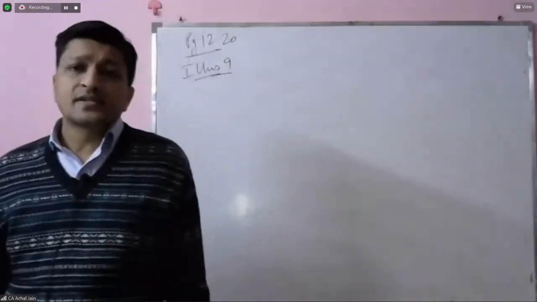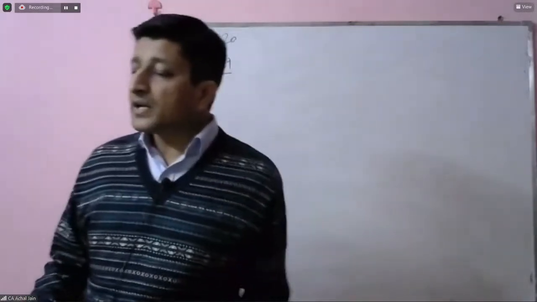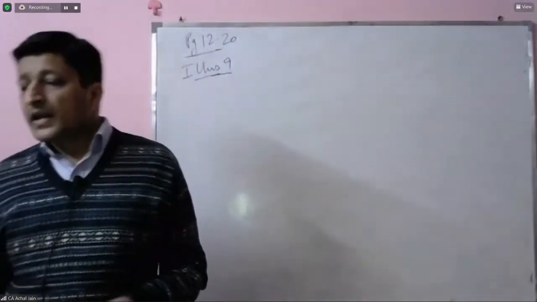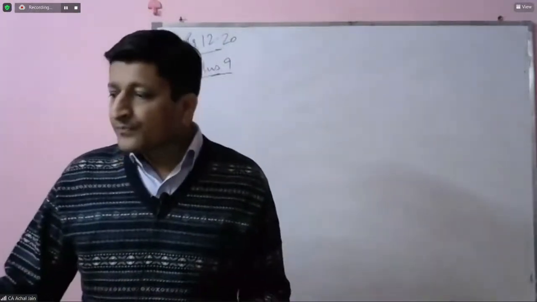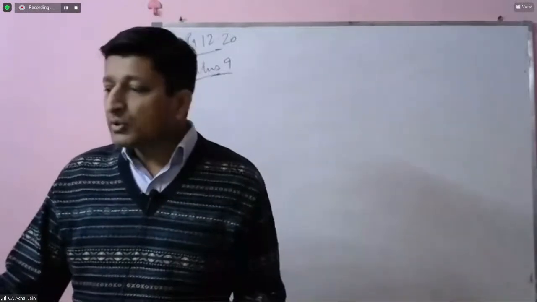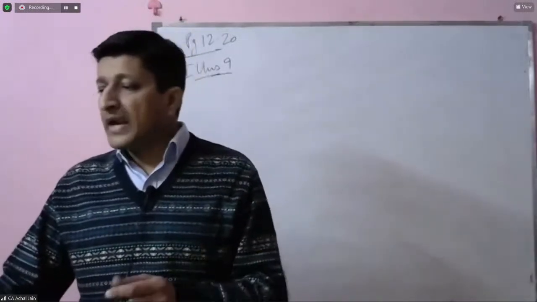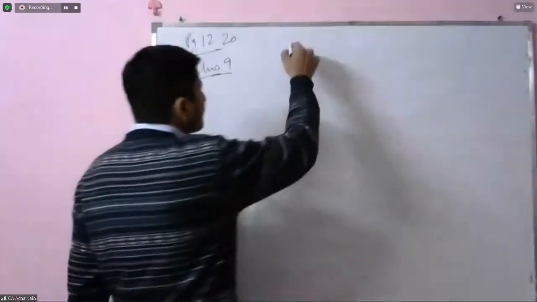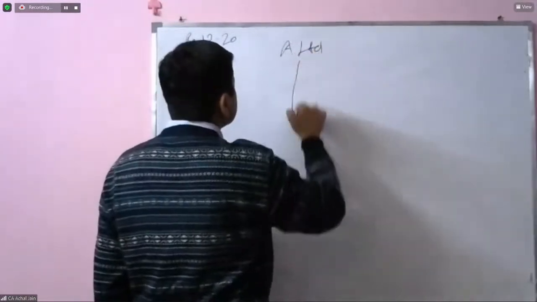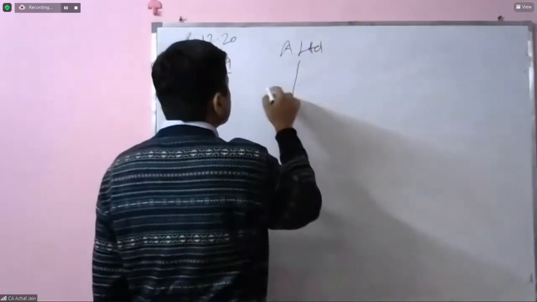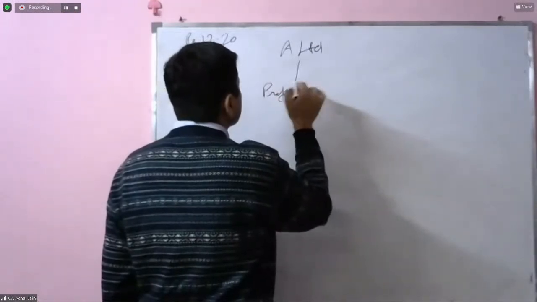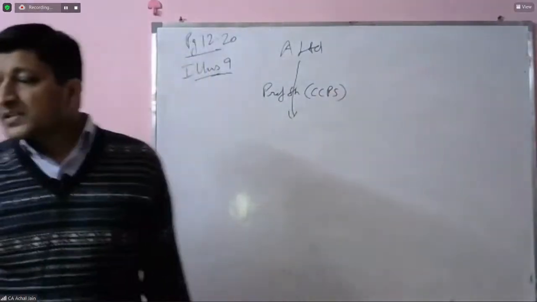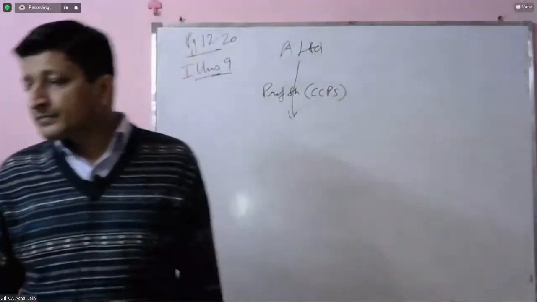A Limited invests in compulsorily convertible preference shares issued by its subsidiary B Limited at rupees 1000 each. Rupees 10 was the face value and rupees 990 was the premium at which the preference shares were issued. And these are CCPS. What is CCPS? Compulsorily convertible preference share.